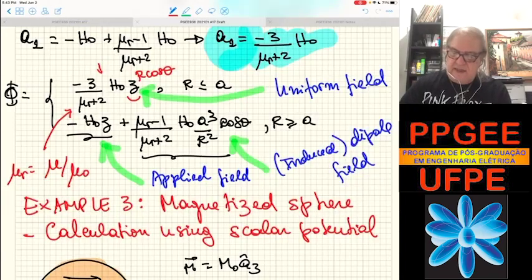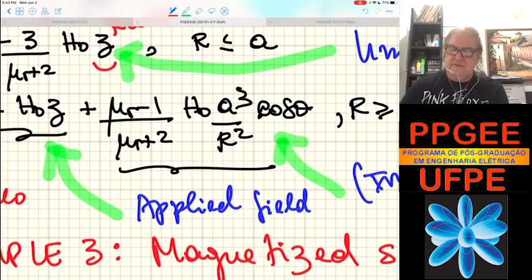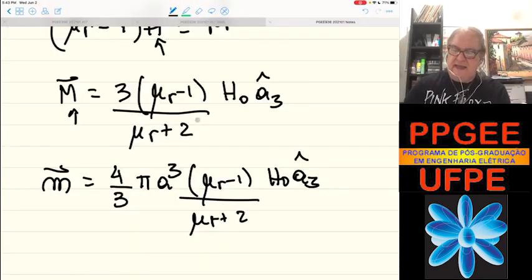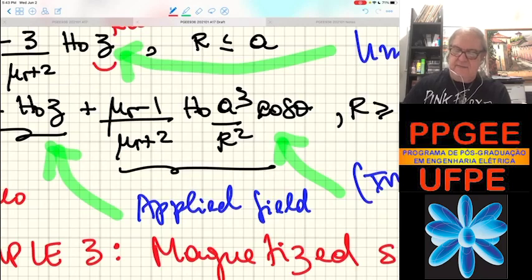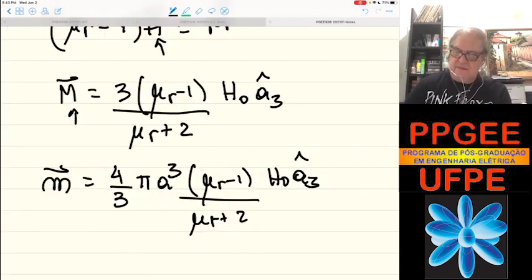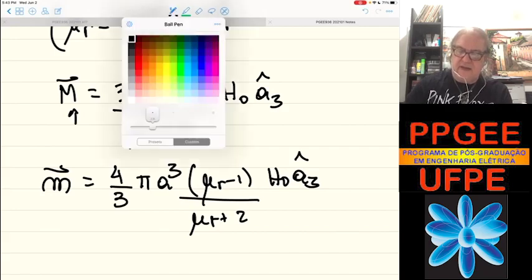So if you look at the expression here, let's relate that. You see we have mu r minus 1 divided by mu r plus 2 times H0 a cubed. So this term here is the term that is in that factor there.